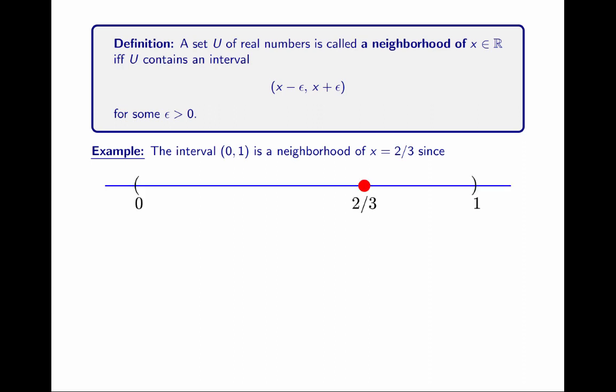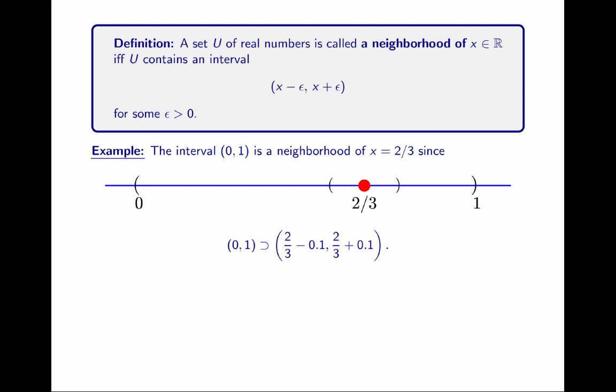So just to give a pictorial example, we see the interval 0 to 1, we see 2/3 firmly on the inside. So there's an epsilon radius, right? Epsilon to the left and epsilon to the right, for which 2/3 is the center, and that set, x minus epsilon to x plus epsilon, is contained inside the neighborhood. In this example, we just illustrated that epsilon was specifically 0.1.